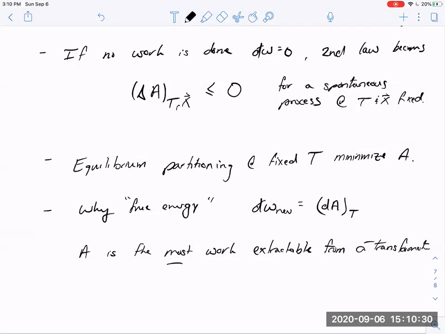Okay, so we've just now introduced another old thermodynamic friend, the so-called Helmholtz free energy. We've really begun building up the whole formalism of thermodynamics from these microscopic principles.